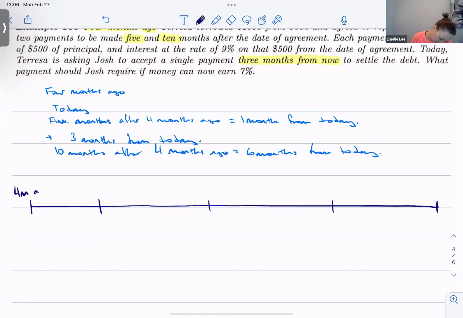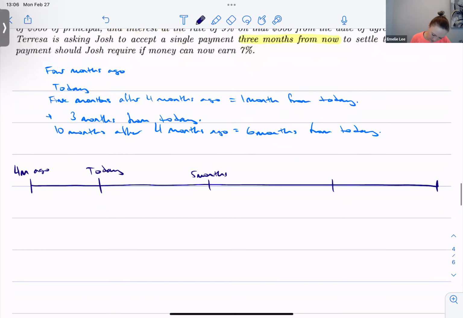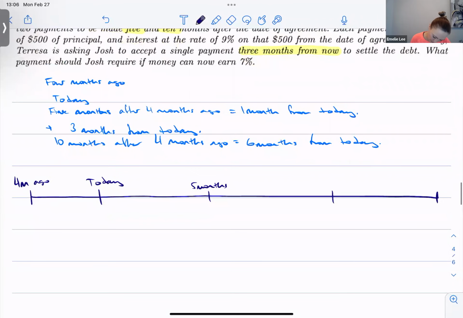Okay, 4 months ago. And then today. And then this is 5 months from date of agreement. And then we have 3 months from today.